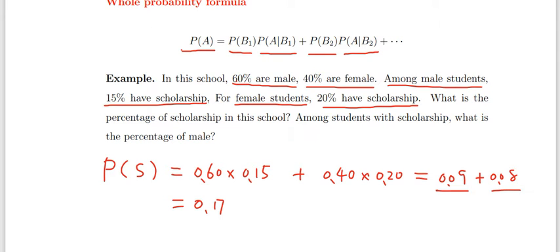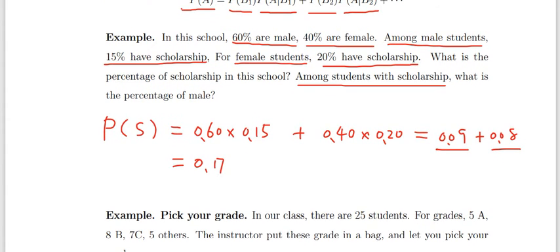We can also check this question: among students with a scholarship, among this 17%, what is the percentage of male? Such a probability is actually a conditional probability.